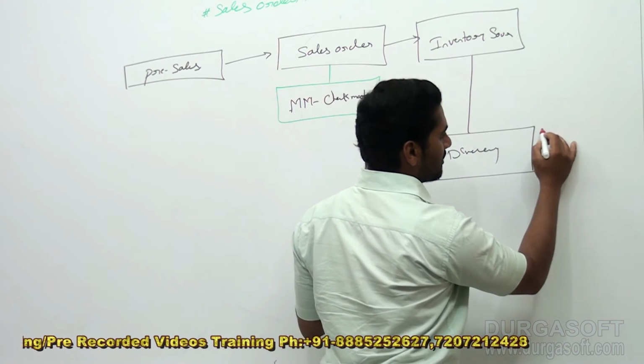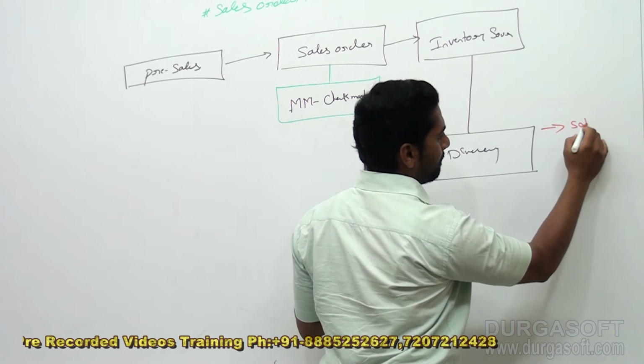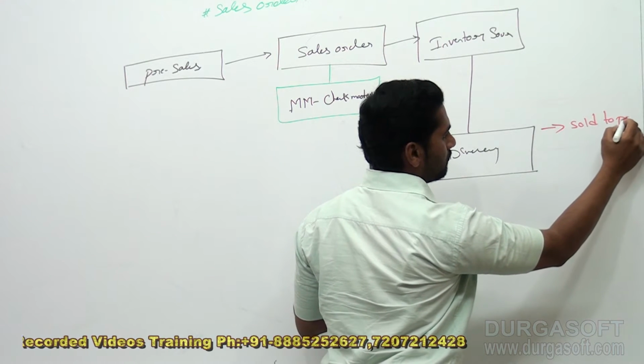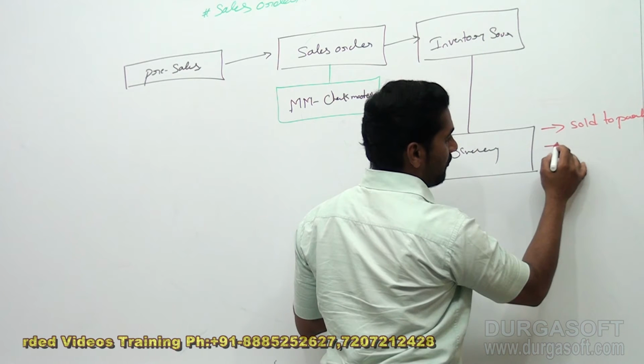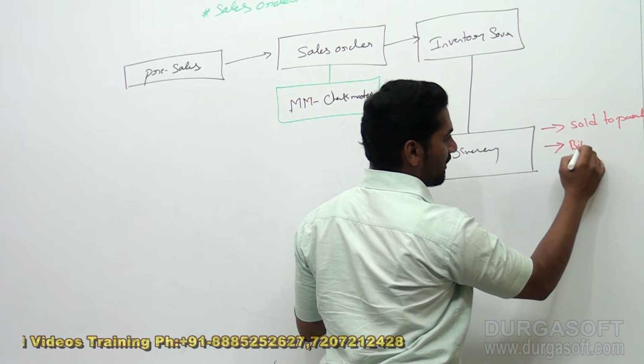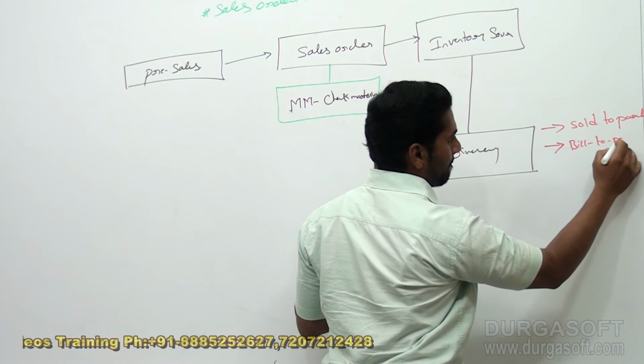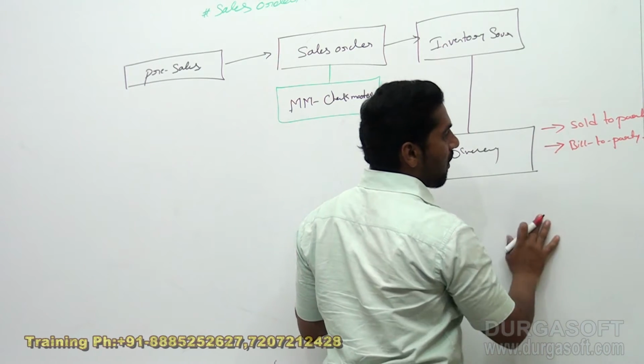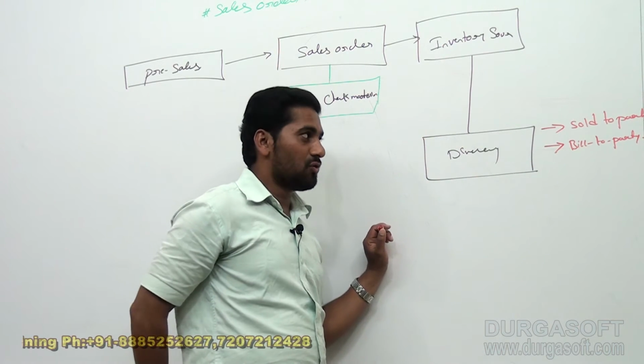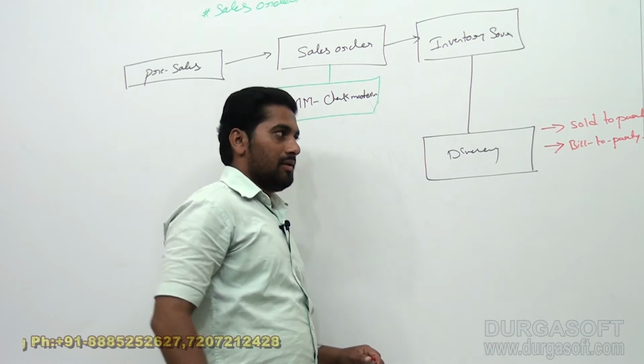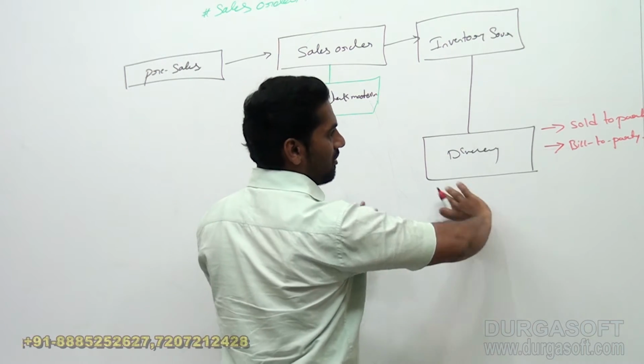We can deliver the product to the sold to party. We can also deliver this product to a bill to party. This is how we can get this order. So we can deliver to sold to party or bill to party, so the delivery will take place in different ways.